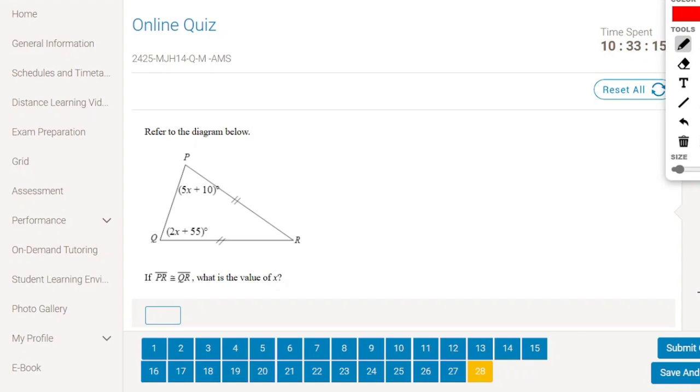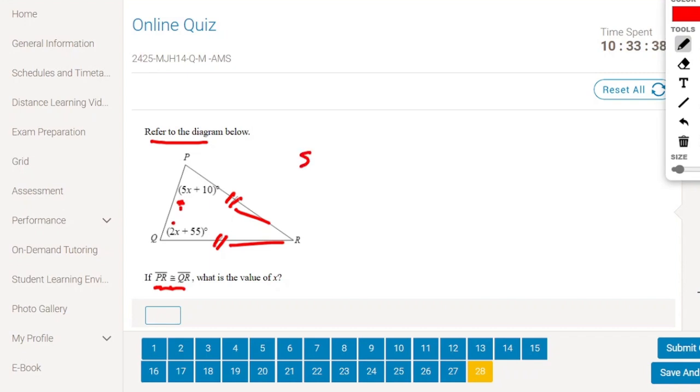Now question number 28, refer to the diagram below. I have this triangle and PR equal to RQ. It says PR is congruent to QR, which means they are equal, so this triangle is isosceles. When these two sides are equal, the base angles are also equal.